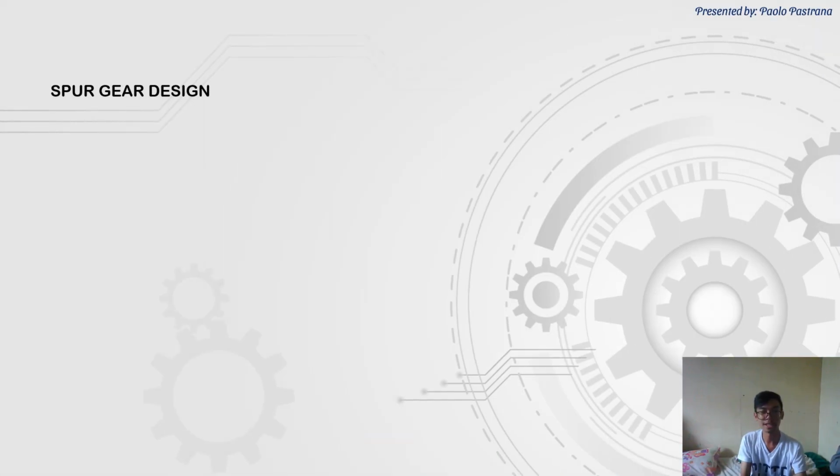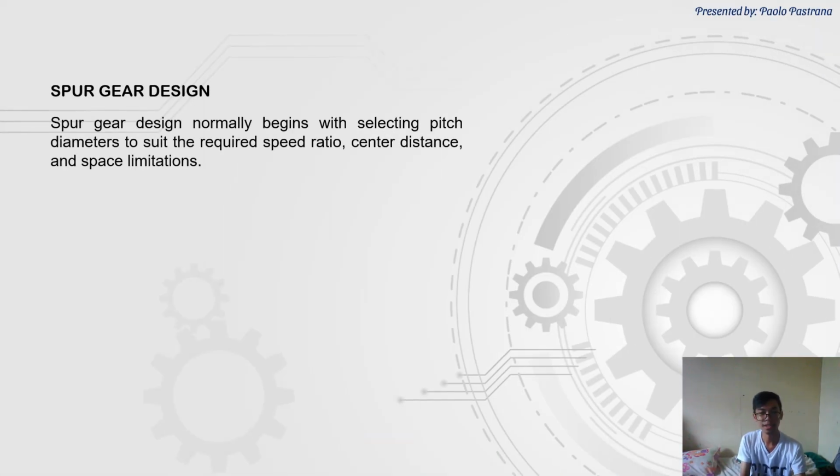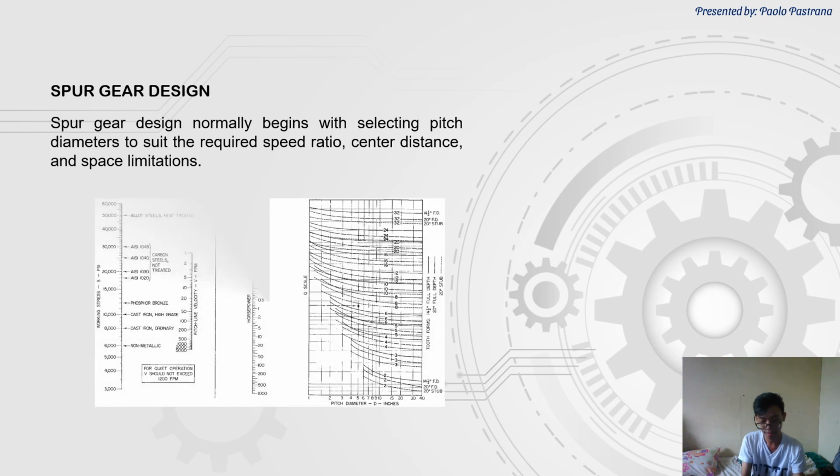Spur gear design. Spur gear design normally begins with selecting pitch diameters to suit the required speed ratio, center distance, and space limitations. The size of the teeth depends on the gear speeds, gear materials, horsepower to be transmitted, and the selected tooth form.